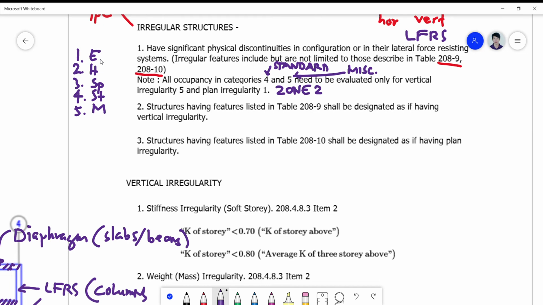And of course, the more common are the standard and the miscellaneous, because these are the day-to-day structures that we see outside: the malls, the houses, the apartments, the commercial establishments, the things that we ordinarily see in our day-to-day activity.